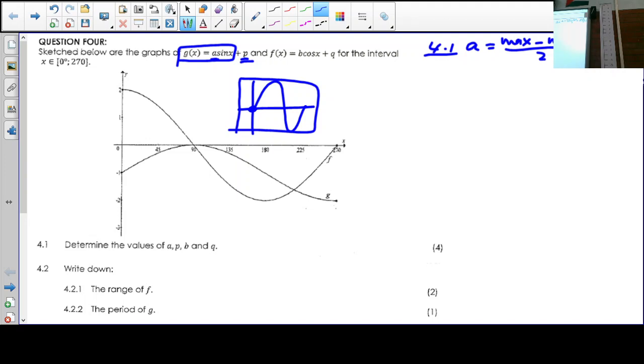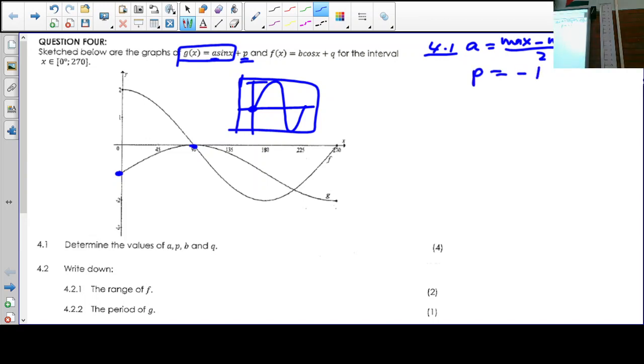Remember, this is 0, it went to -1. This is 1, it went to 0. Move down by how many units? 1, yes. And what value is that? That would be your P value. And P is equal to -1.